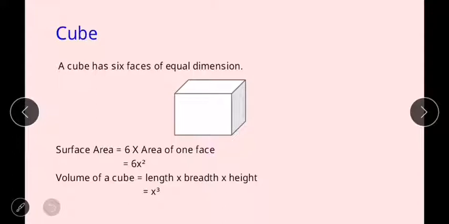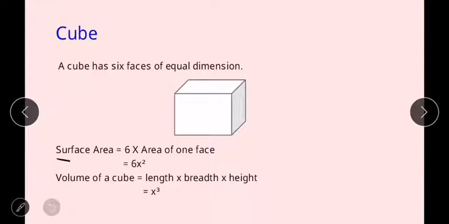Another example is the dice, the very familiar dice that is used to play Ludo. A die has 6 faces. All of these 6 faces cannot be seen at once. That is why it is also regarded as a solid shape.